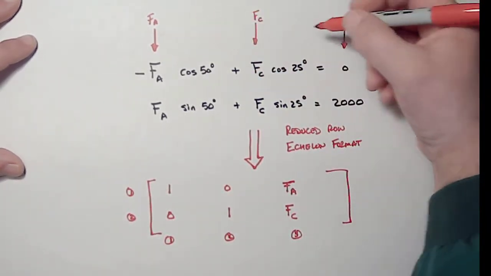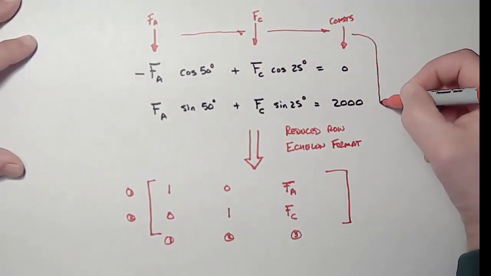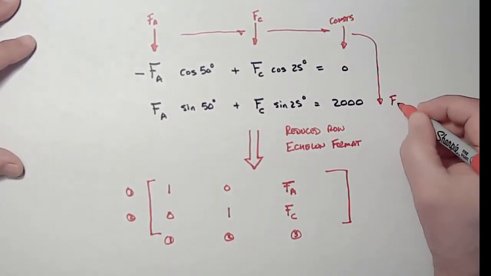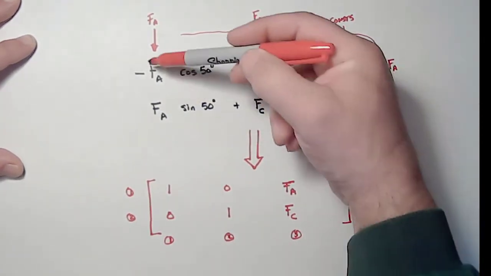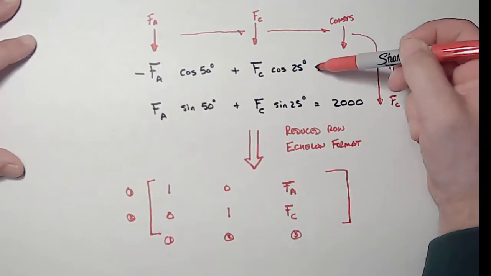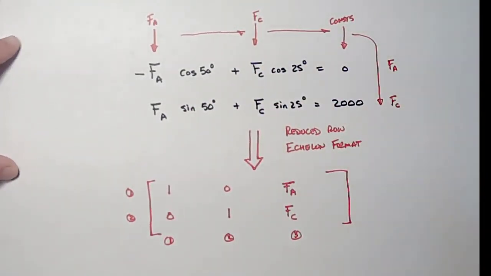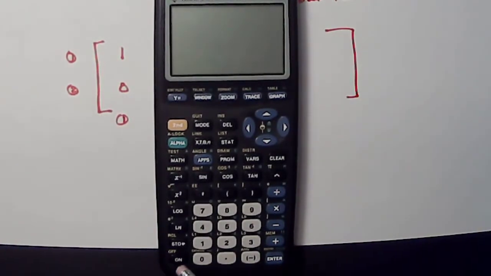And the way this works is if I just slide this set of variables down here, FC will end up on the bottom and FA will end up right above it. So your first column will end up in this first row and your second column will end up in the second row. That's not as important except to make sure you know where the answer is going to be. So let's proceed and I'll show you how it's done.